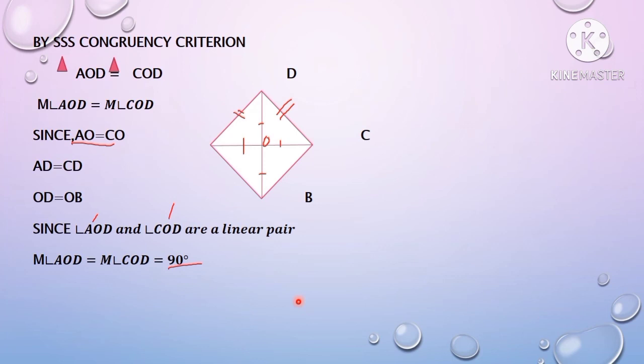So the diagonals of a rhombus are perpendicular to each other. So here they are intersecting, and perpendicular to each other means the angles formed here are 90 degree. Here 90 degree, here 90 degree, and these four angles will be 90 degree. That is the meaning of perpendicular.